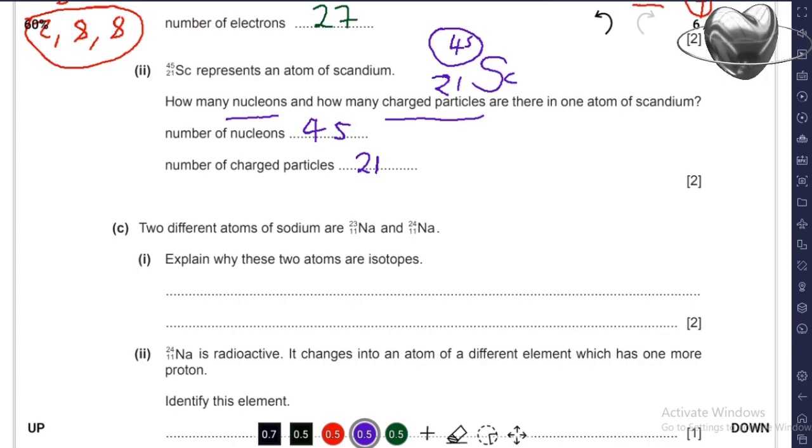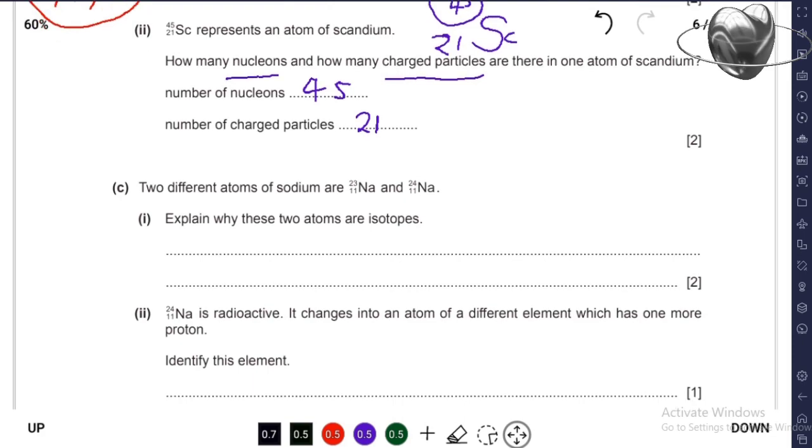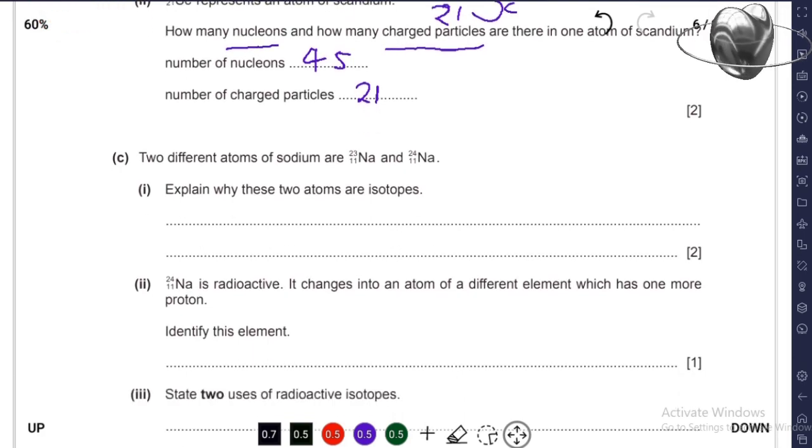Moving forward, the different atoms of sodium are sodium 23 and sodium 24. Explain why these two atoms are isotopes.